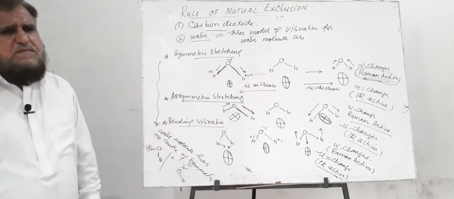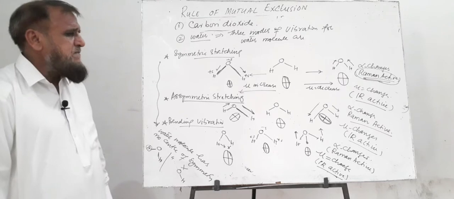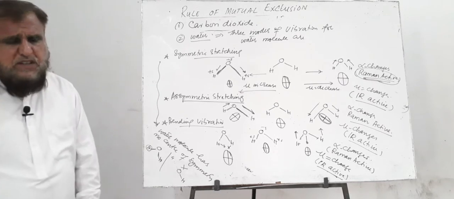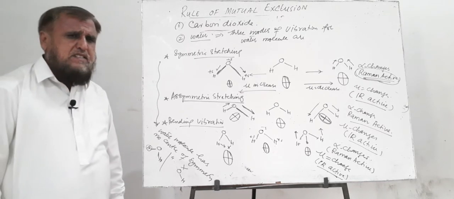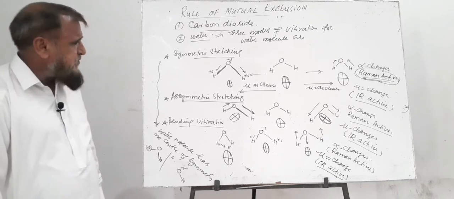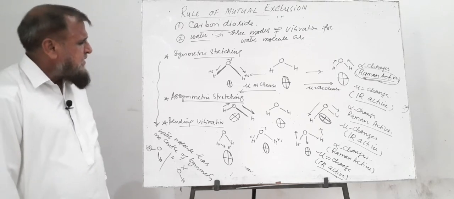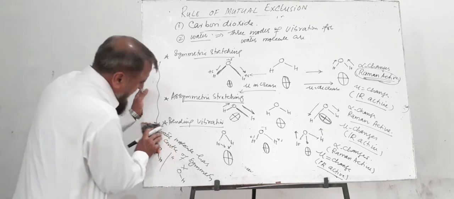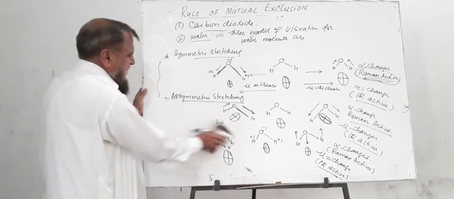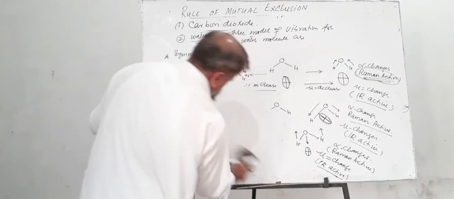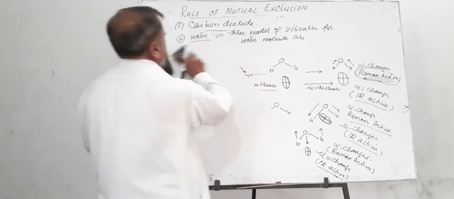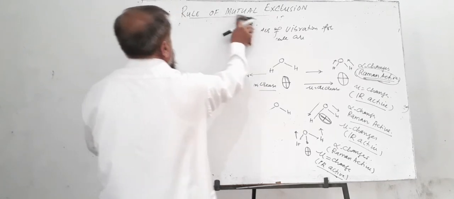Sometimes there may be molecules which are both Raman inactive and infrared inactive. Likewise, we can not only find out whether a molecule is centrosymmetric or not.